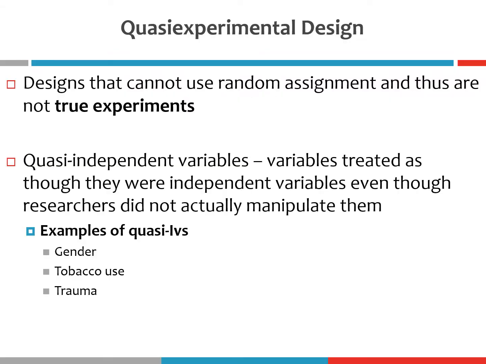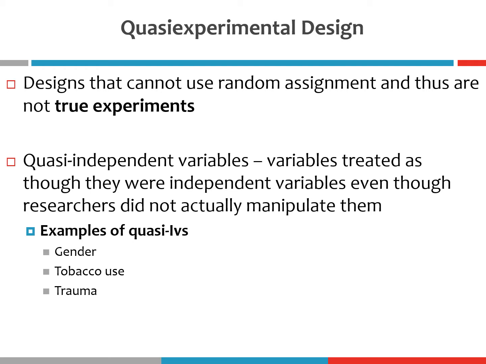Okay, so in my last video where I was talking about correlations, I mentioned that there are unique situations in which it would not be appropriate or ethical to conduct an experiment, right? So we can't randomly assign our participants to one gender or another, right?